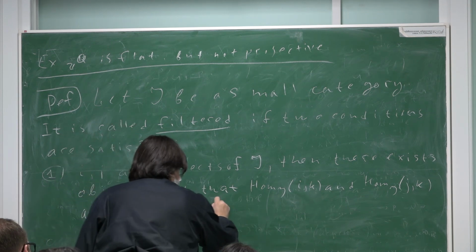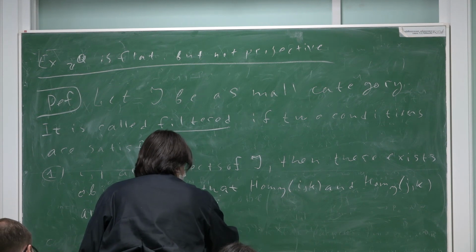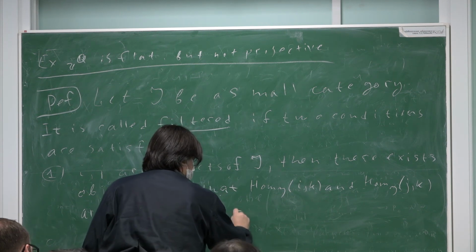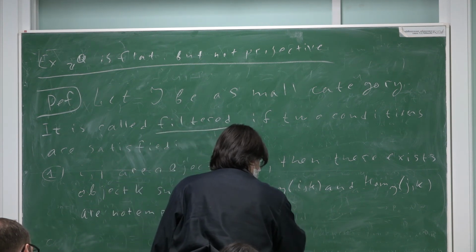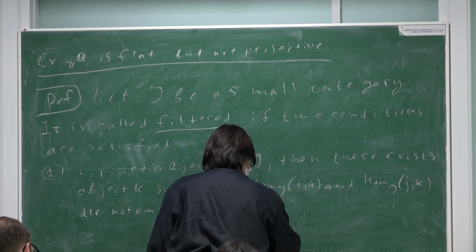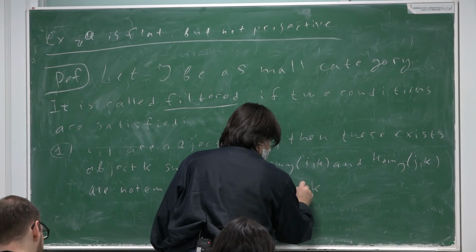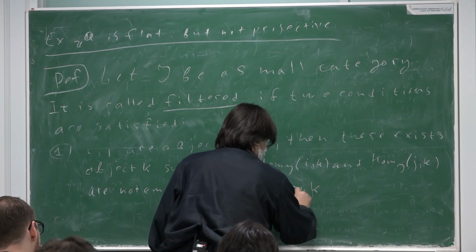So if you have two objects I and J, then there exists K and two arrows from I to K and from J to K.